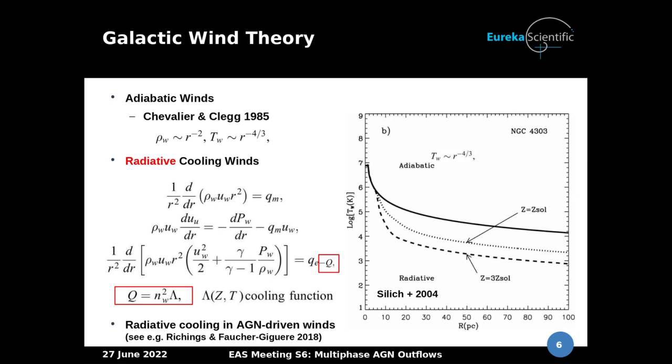However, they didn't include radiative cooling functions, and this adiabatic wind has a trend in temperature and density as a function of radius. By including a cooling function, we see there is a departure from adiabatic winds, and this radiative cooling has a dependence, as you see, on metallicity. With higher metallicity, we have higher cooling.